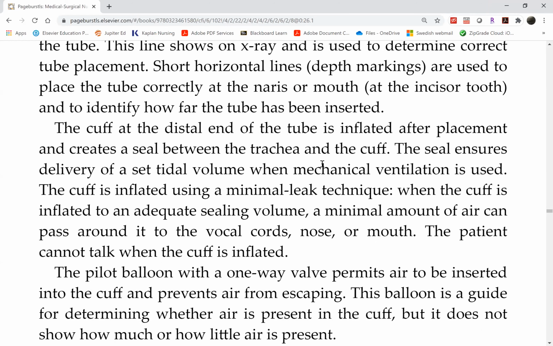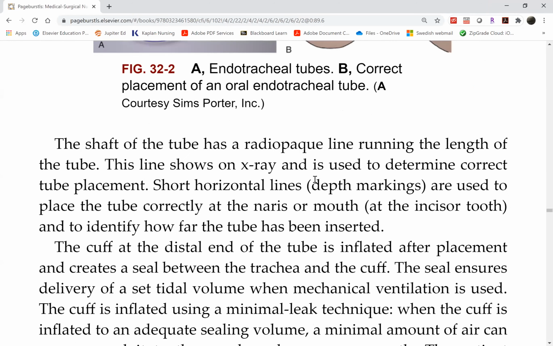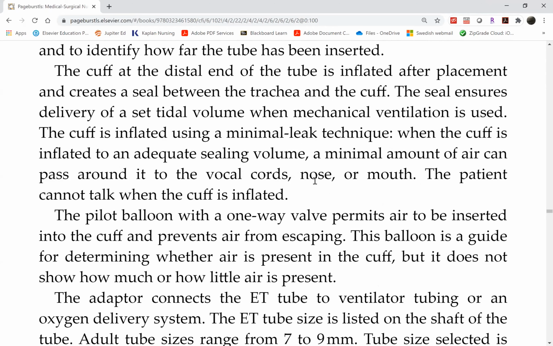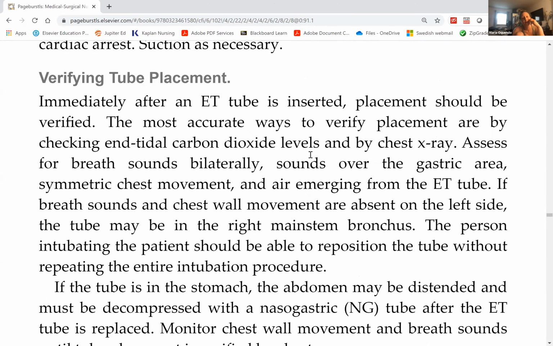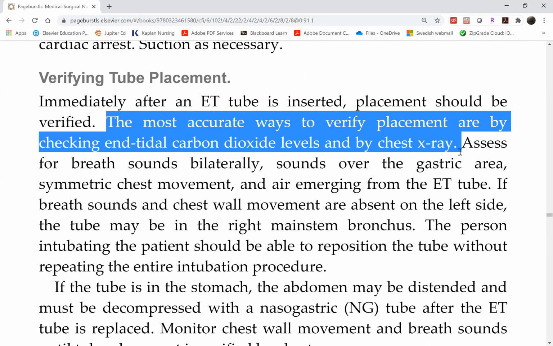We don't need to wait for the x-ray. There are two ways to do it. The most accurate way, of course, is the x-ray. However, it's not only x-ray. It has to be end-tidal CO2 monitor plus the x-ray.